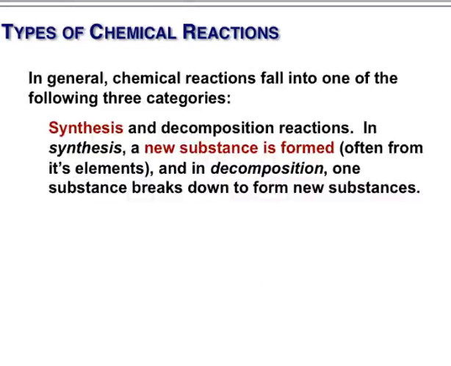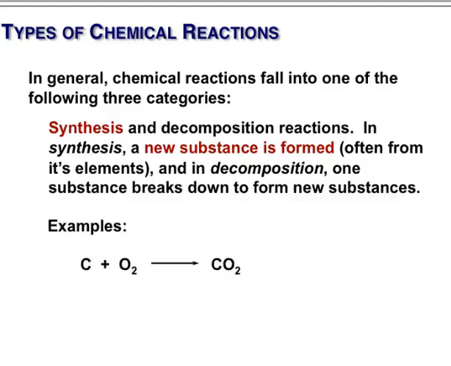Synthesis and decomposition reactions. These are actually very simple. You're starting off with 2 or more things, and you're winding up with something new. Decomposition is just backwards. You start off with something, and you break it into 2 or 3 more things.